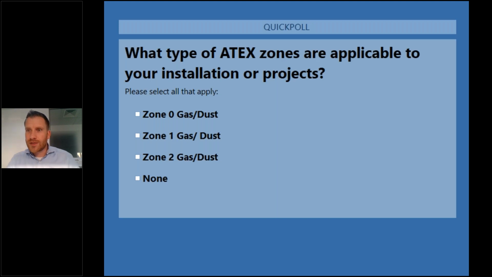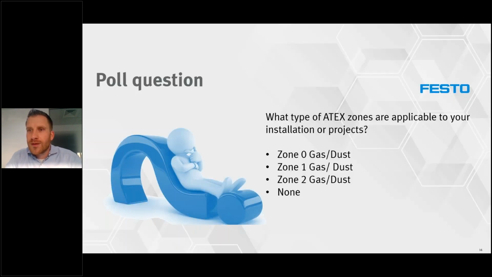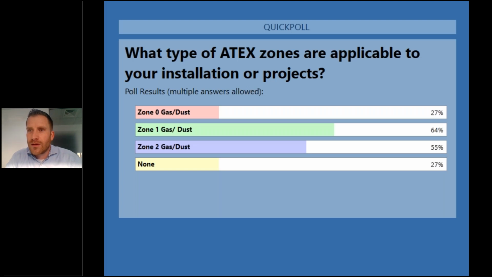Let's see, we see a lot of zone 1 and zone 2, almost the same. Okay, really good. Here we see the input, mainly zone 1 and zone 2.